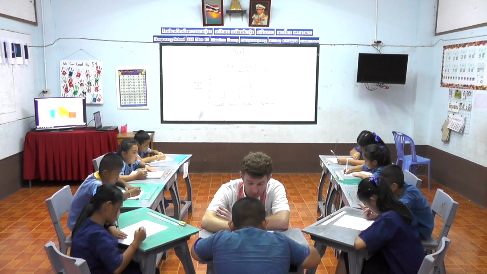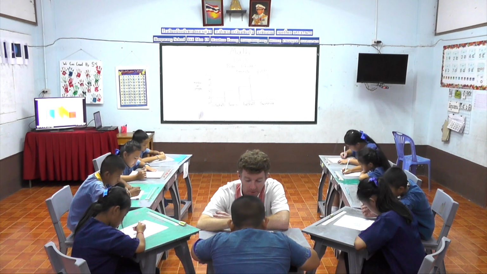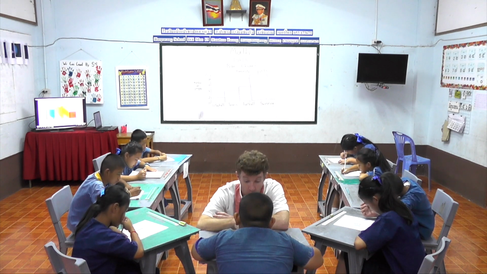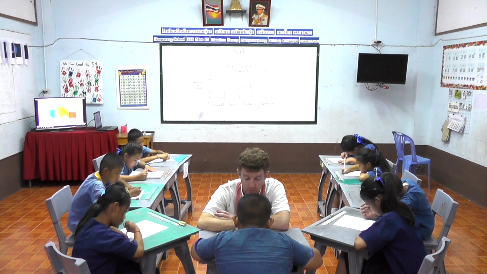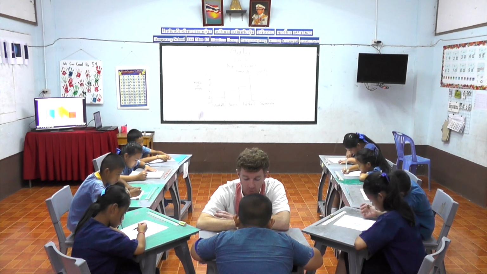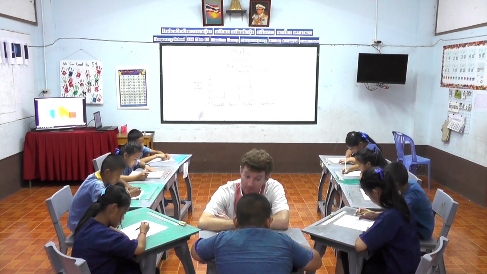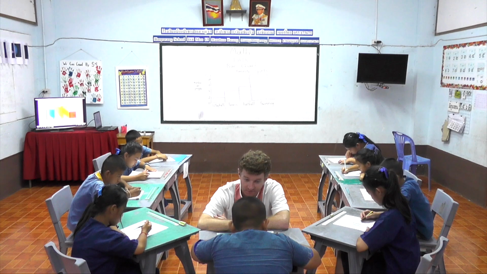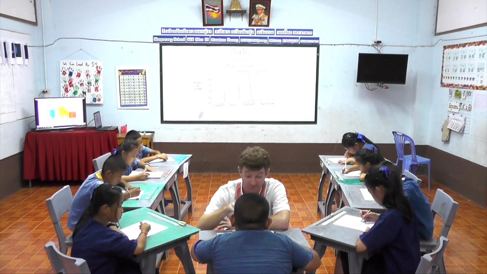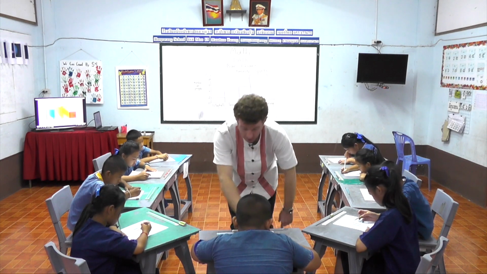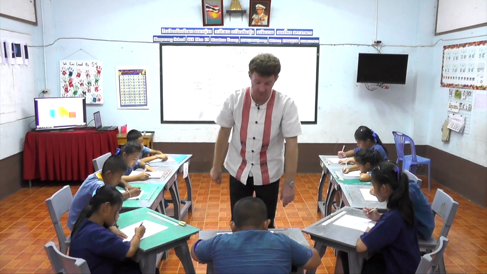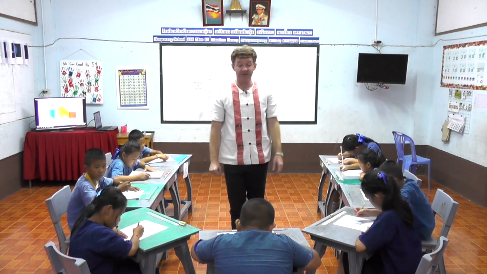So let's follow the car bar. What number does the car reach? 1, 2, 3, 4, 5. So how many cars were sold? 5. Yeah, you can follow the car bar to the number and it tells you how many cars were sold that day.